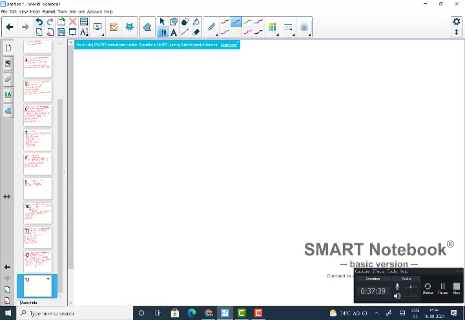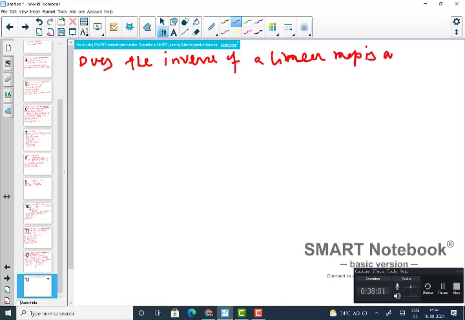So this is the question: is the inverse of a linear map also linear?